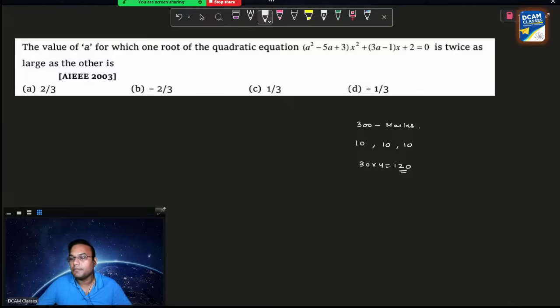It's not very bad. If you are able to do 15, 15, 15, that is 45 into 4, 180. You have just increased 5 questions, but you have to maintain accuracy.